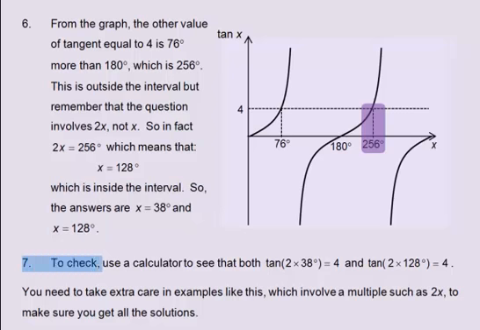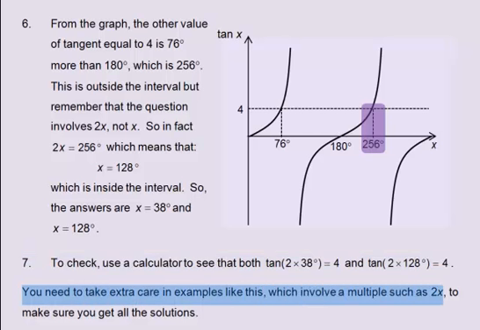To check, use the calculator to see that both tan of 2 multiplied by 38 degrees equals 4 and tan of 2 multiplied by 128 degrees equals 4. You need to take extra care in examples like this, which involve a multiple such as 2x, to make sure you get all the solutions.